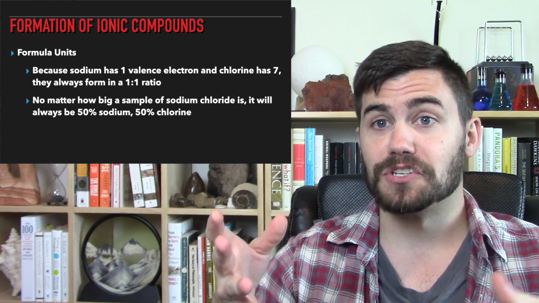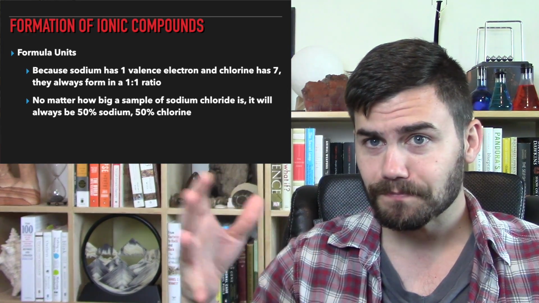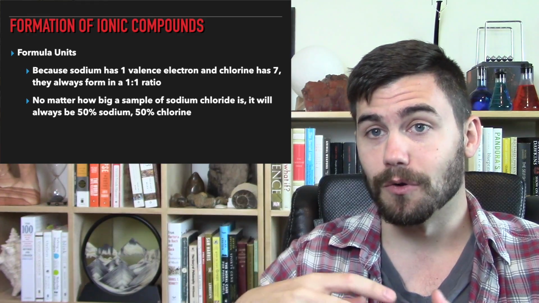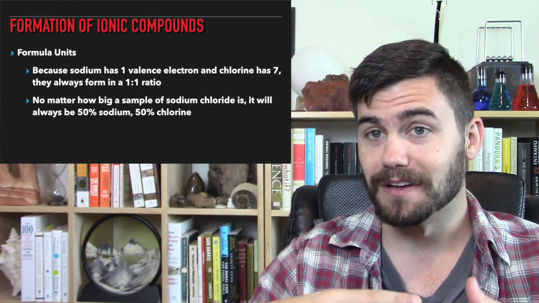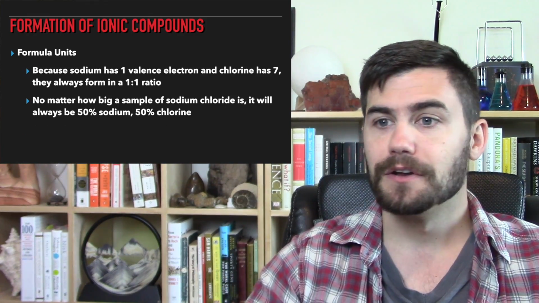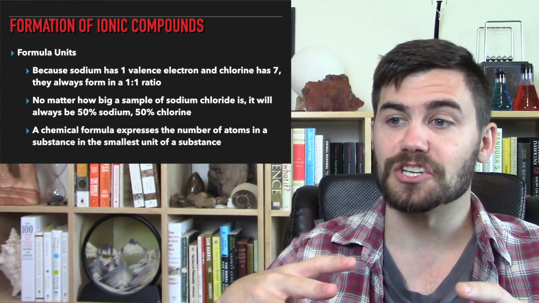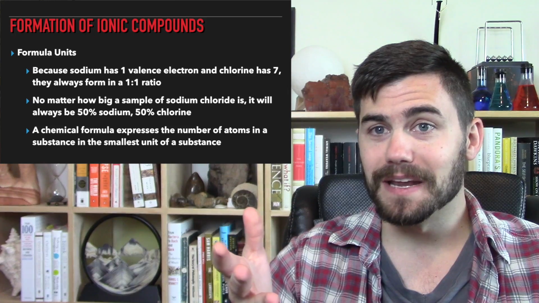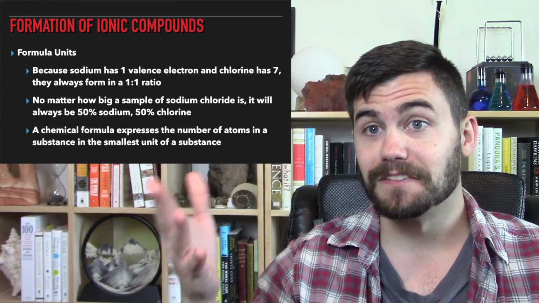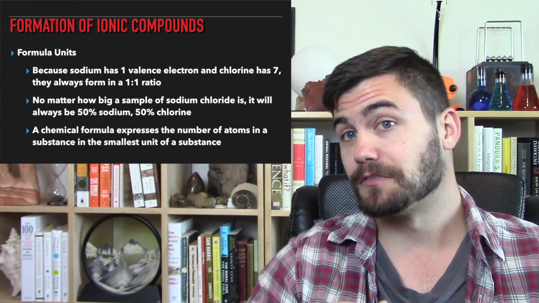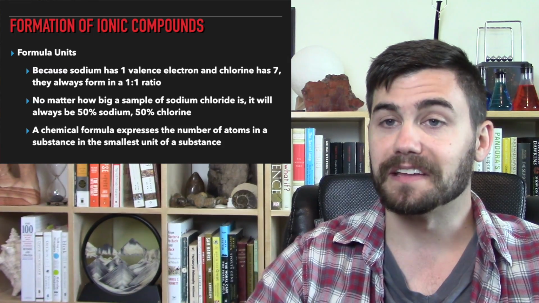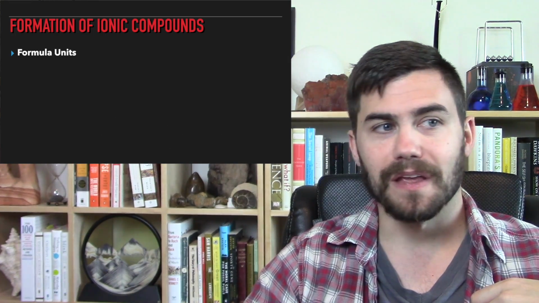So no matter how much sodium chloride you have, whether it's an enormous chunk or a single compound of it, it's always a 1-to-1 ratio. So the chemical formula tells you in the simplest ratio how many of each atom you have. So NaCl. That means for every single sodium atom, there's a single chlorine atom as well.